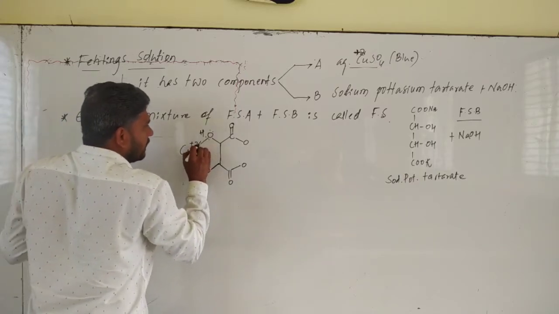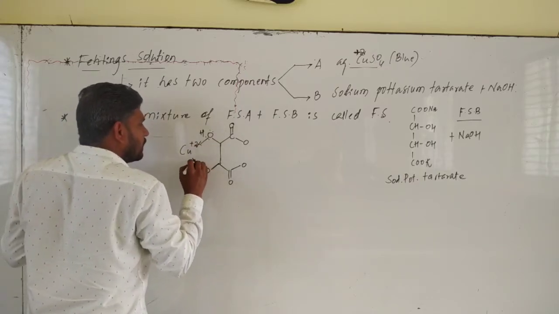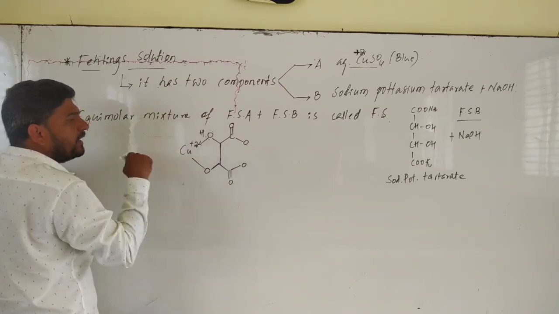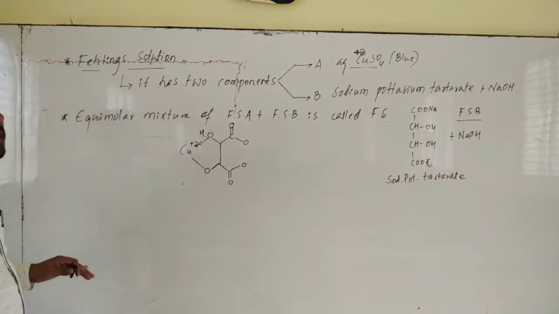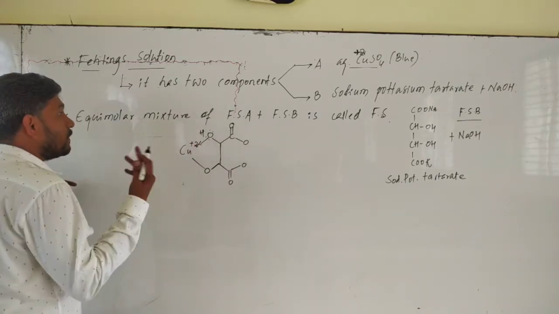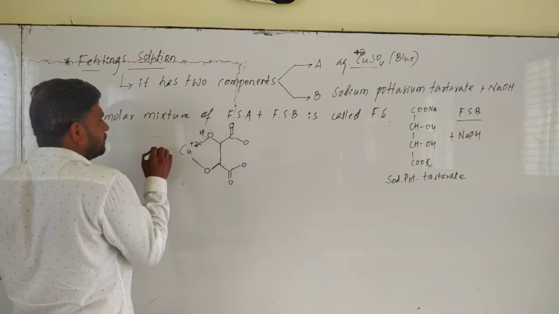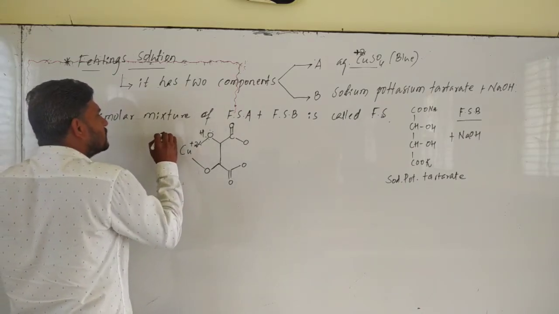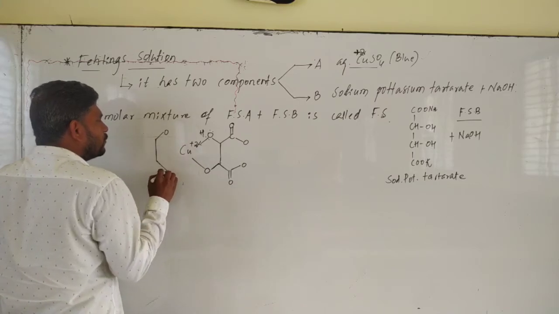Over here it forms a coordinate bond with copper plus 2. How many tartarate ligands get attached to the copper plus 2? 2 tartarate ions.